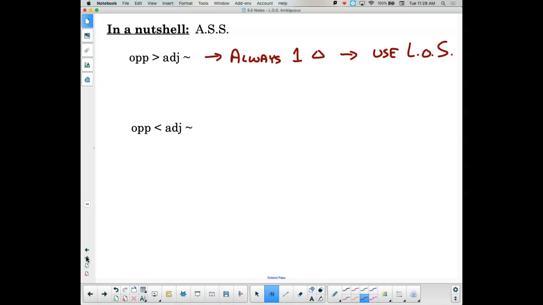If the roles are reversed, if your opposite side is shorter than your adjacent side, then you're going to get 0, 1, or 2 triangles.